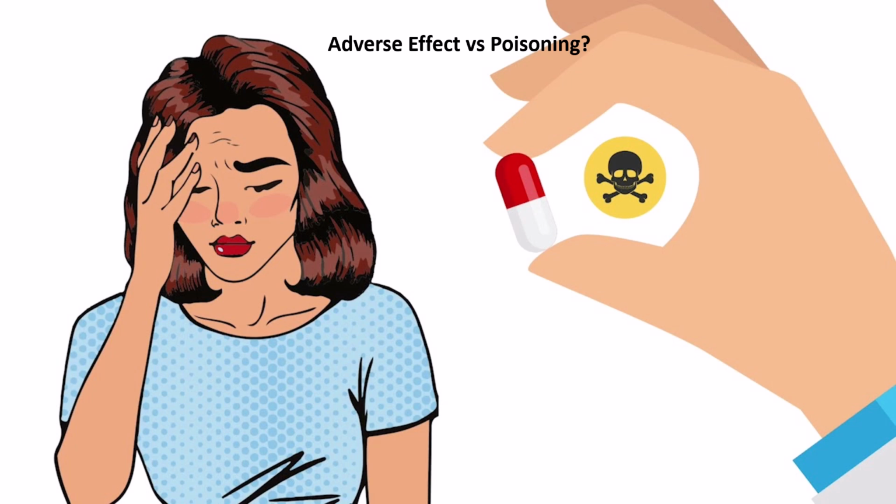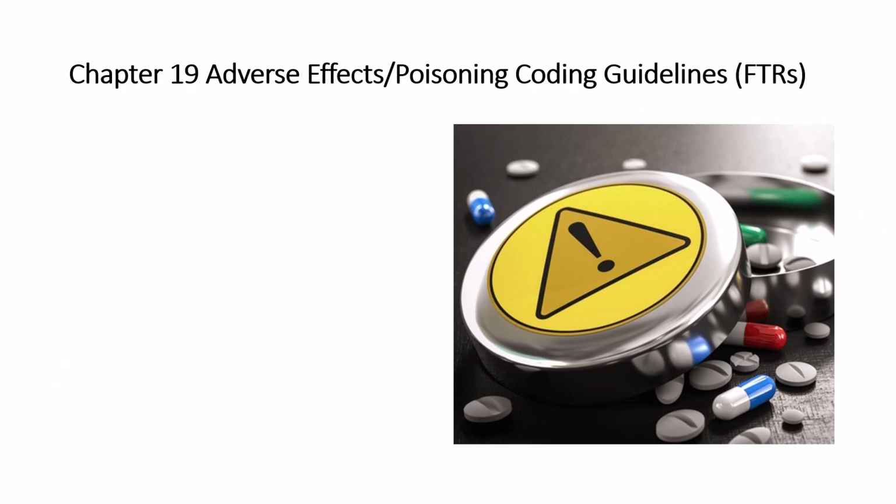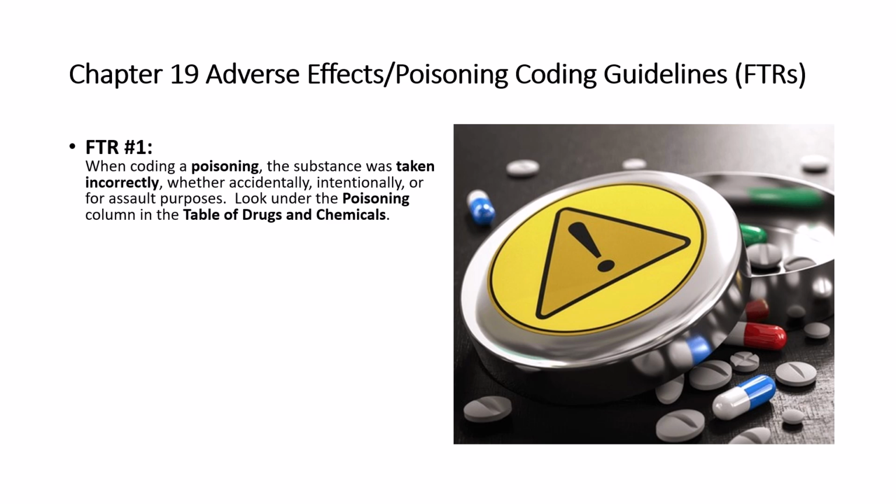Okay, you know I like to simplify things, right? Yeah, so that's pretty much what it is. Now let's go and take a look at those FTRs, those Chapter 19 adverse effects, poisonings, FTRs. And the FTRs are just what I've said. There's not too much more, but it is important that you understand the difference.